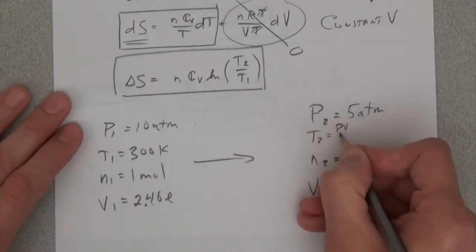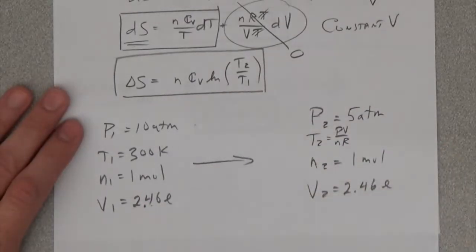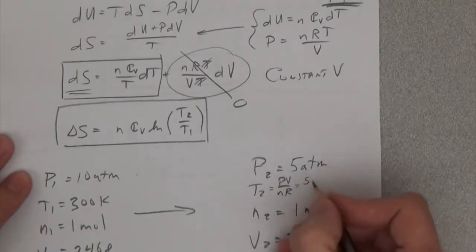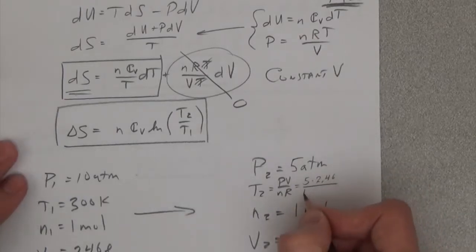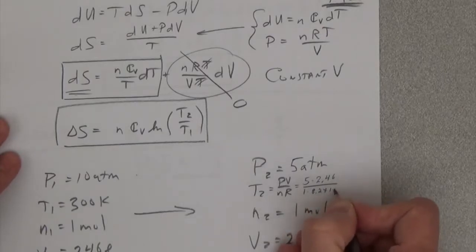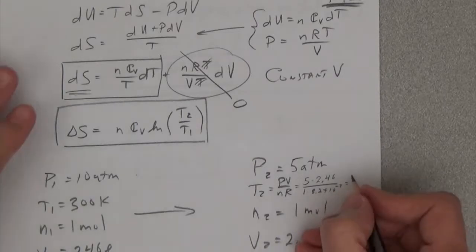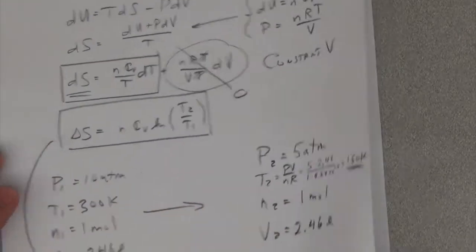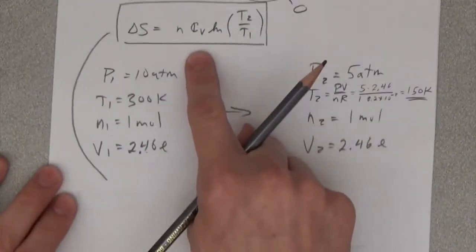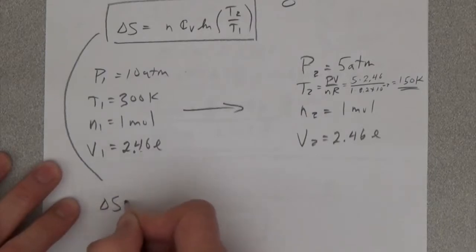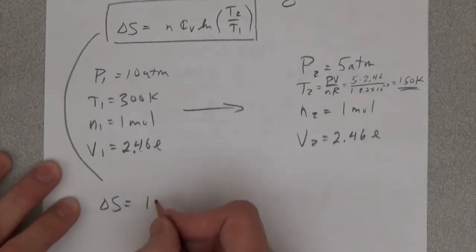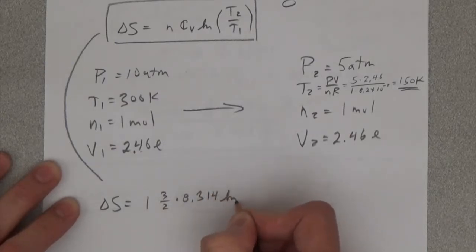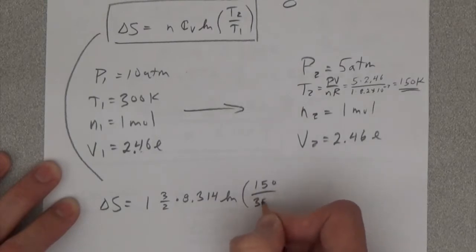Which means that T2 is equal to PV over nR, or 5 times 2.46 divided by 1 times 8.2 times 10 to the minus 2, which is equal to 150 K. So we're going to use this expression to say delta S is equal to 1 mole times 3/2 R, 8.314, natural log of 150 divided by 300.